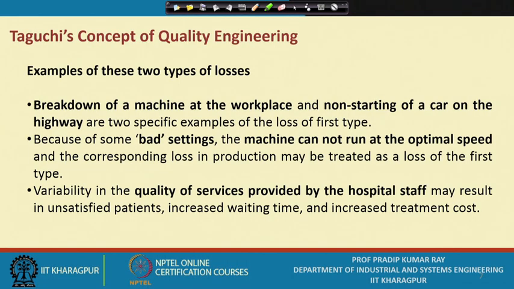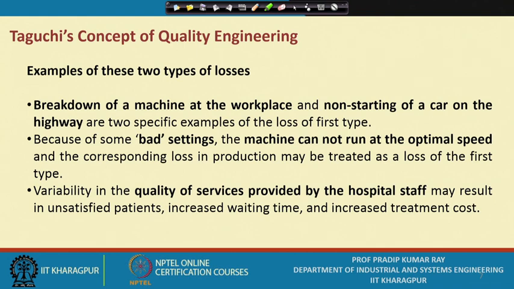Now if the process setting is wrong, obviously you may find that there will be a loss. That means we will be producing a component which may not be able to conform to the specifications. And if you start using that particular component or the part or the product, obviously the entire system just cannot run in the best possible manner.